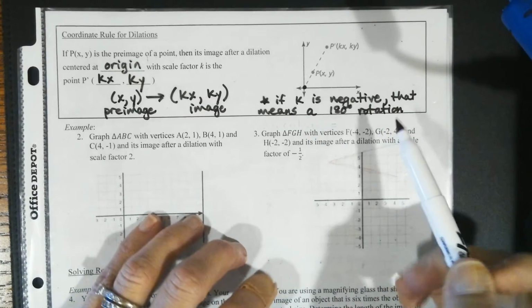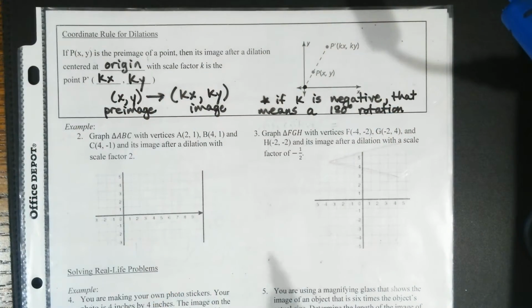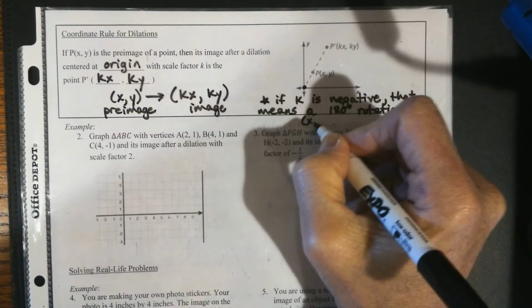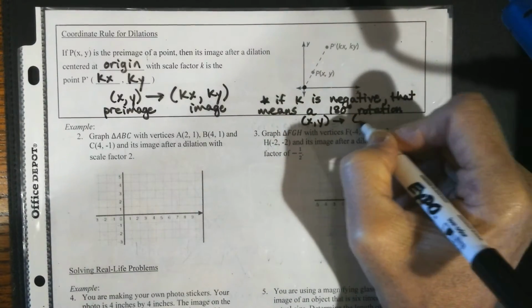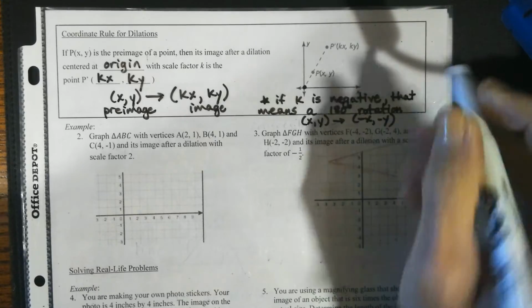And that means about the center. So you're basically going to flip that. And what that does is it takes your x, y's, whatever they are, and it just makes everything negative.